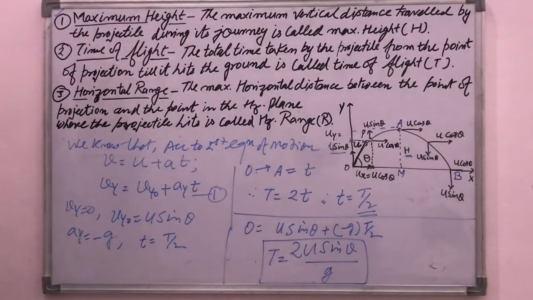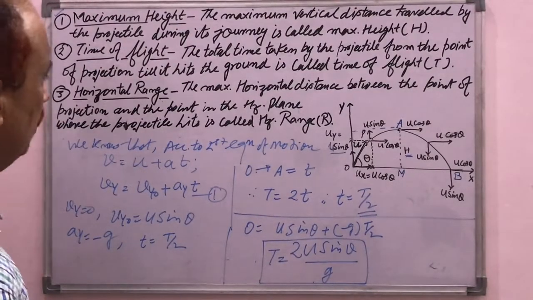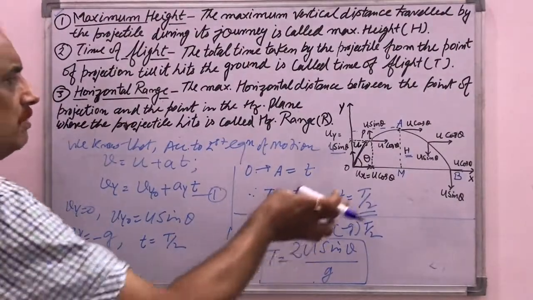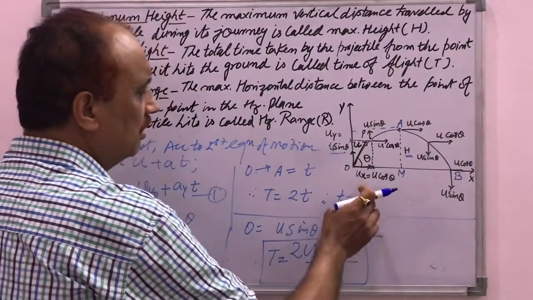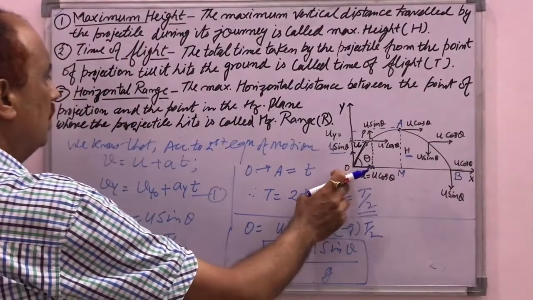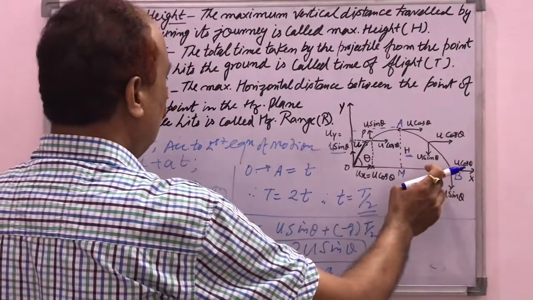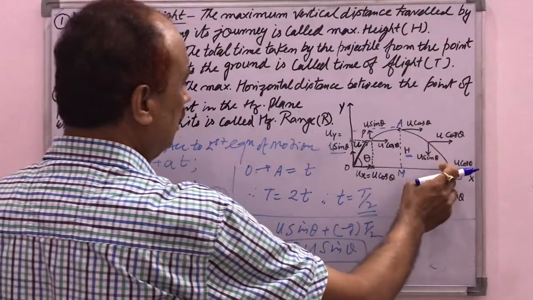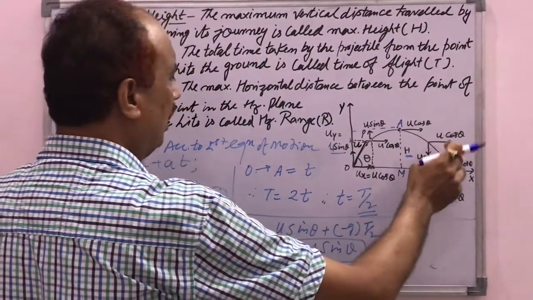Next, what is the horizontal range? Horizontal range means the maximum horizontal distance traveled by the projectile from the point of projection to the point in the horizontal plane where the projectile hits.